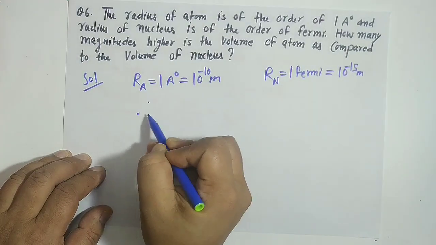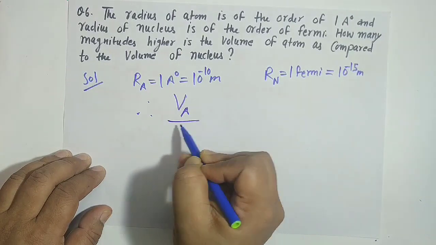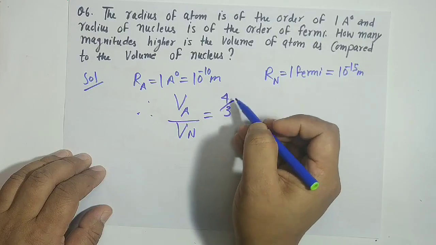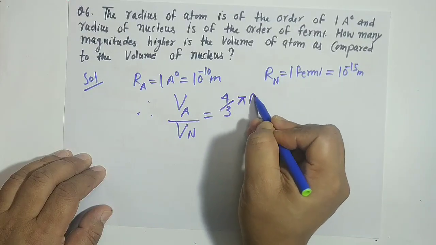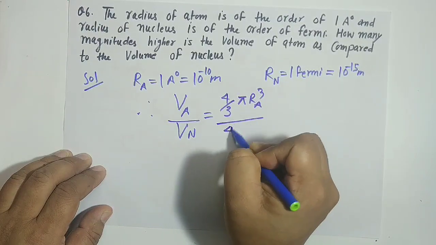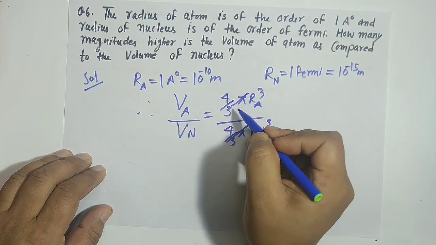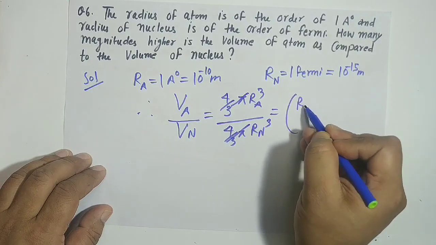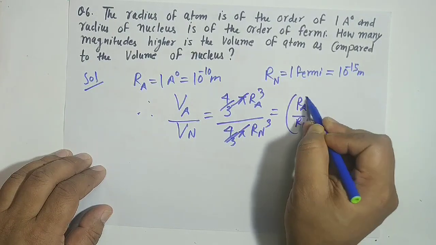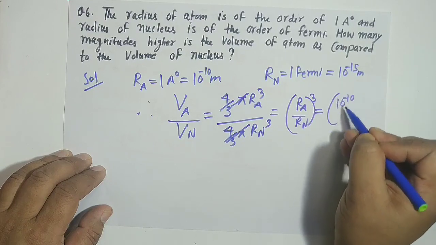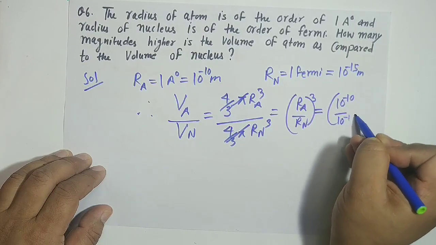So we take volume of atom upon volume of nucleus. Can you tell me what is the volume? 4 by 3 pi r cube, they are spherical. So Ra cube upon Rn cube, the 4 by 3 pi cancels. The relation is Ra by Rn the whole cube, which is 10 to the power minus 10 upon 10 to the power minus 15, whole cube.